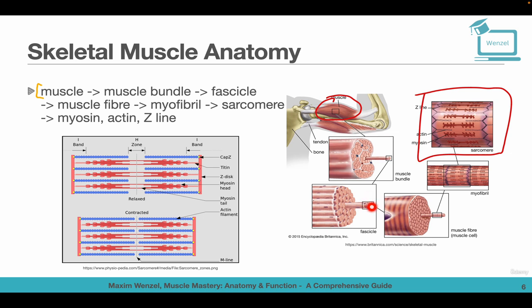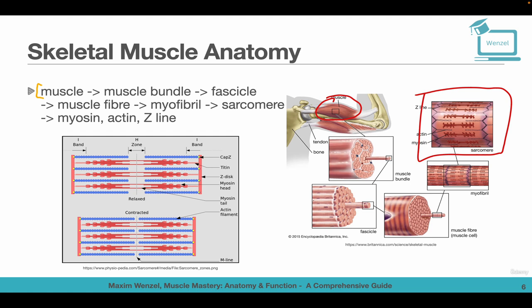If we look at the fascicles, they consist of different muscle fibers, each a single cell. The muscle fibers consist of different myofibrils, and the myofibril consists of different sarcomeres. And now we're at the tiniest picture.